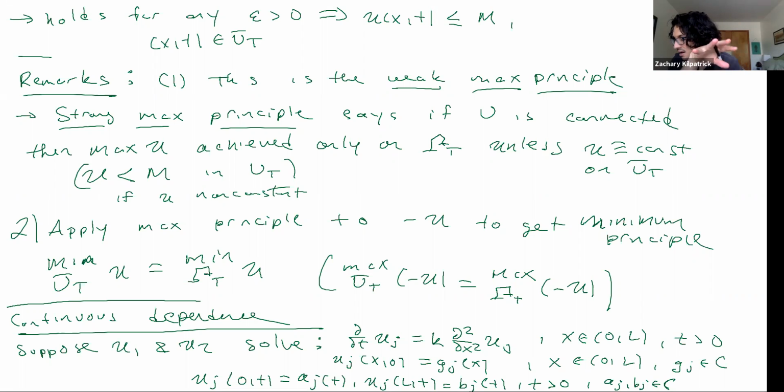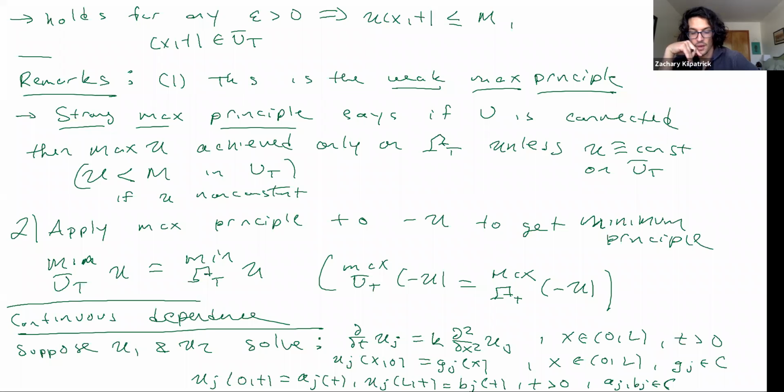But here, it's easier to present this continuous dependence result in the case of a bounded domain, because that's the context that we have the maximum principle for now. Probably next lecture, I'll talk about the maximum principle on unbounded domains. It requires a bit more work.